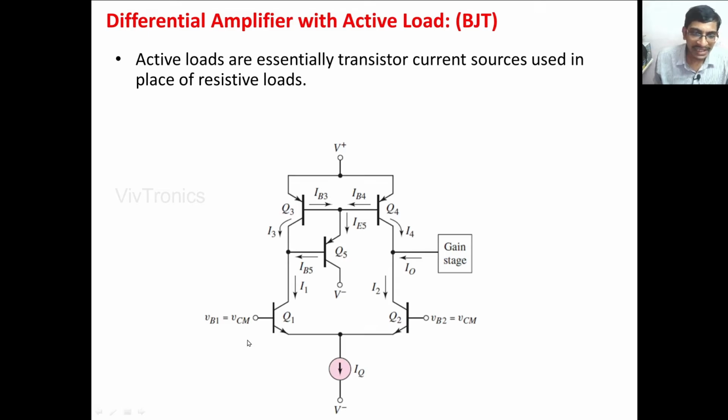We are operating this differential amplifier in the common mode, so we apply VB1 = VB2 = VCM. A constant current source IQ is connected to the emitter terminals and biased with V minus. So the two supply voltages for this circuit are V plus and V minus.